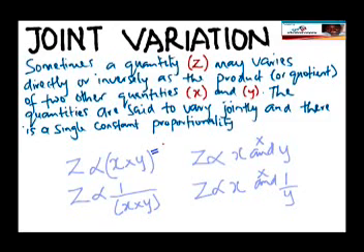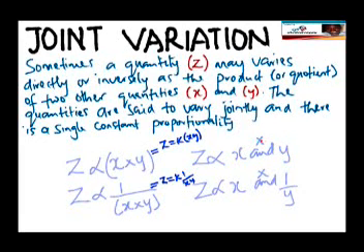Why? Because if we decide to remove this and make it an equal to, it becomes z is equal to k x y. That is the product of that, and for this case you have z is equal to k1 over x y. This is where z varies as the inverse, 1 over the product of x and y, and here we say z varies as x and y.